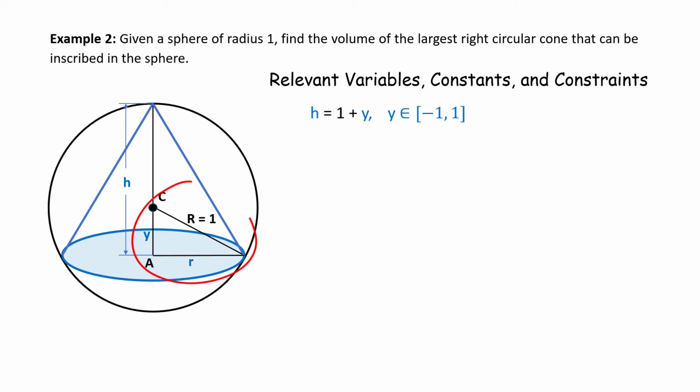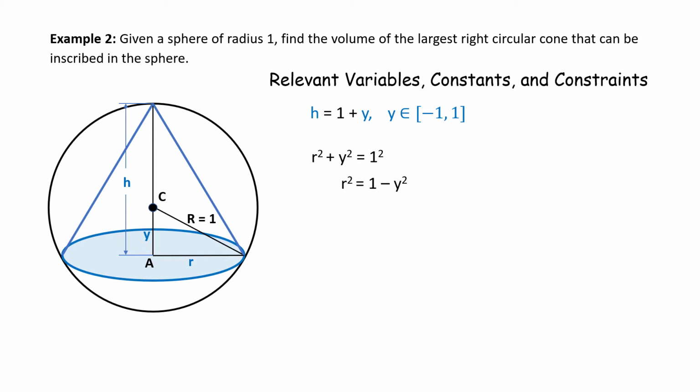Now look at the bottom right triangle where we have the lowercase r, the lowercase y, and the uppercase R. That's a right triangle. The Pythagorean theorem applies here, and we have r squared equals y squared plus 1 squared. Let's solve for r squared. Then you'll have r squared equals 1 minus y squared.